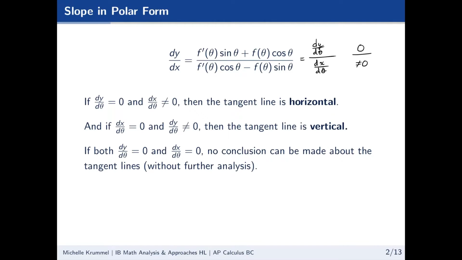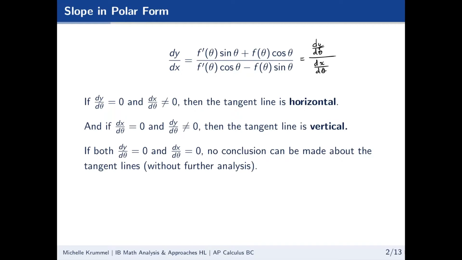Don't use that notation, that's not proper notation. But we could say 0 over k, for example, where k is not 0, but k is some real number. So if you end up in this situation, your tangent line is horizontal. The slope is going to equal 0. And we saw that was true with parametric equations as well.